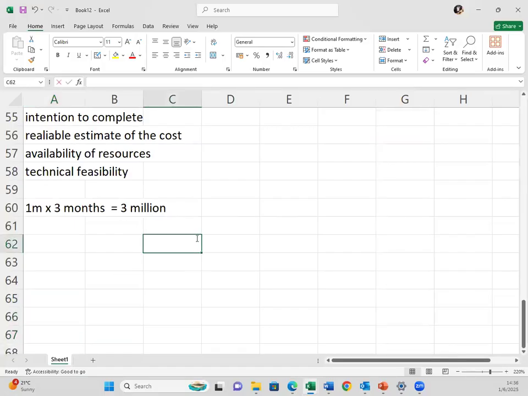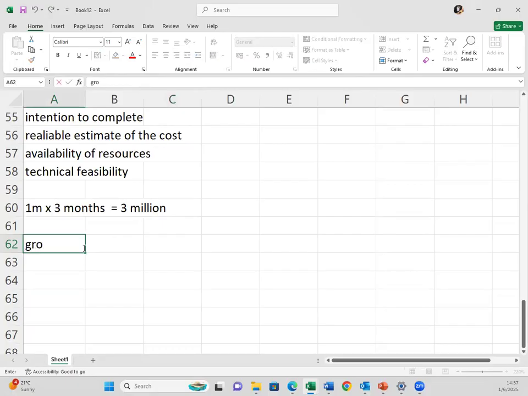Let's assume you have a gross profit of 40, then you have your expenses. The expenses figure in the trial balance is 20 plus an accrual of 10, which gives us an expense of 30.